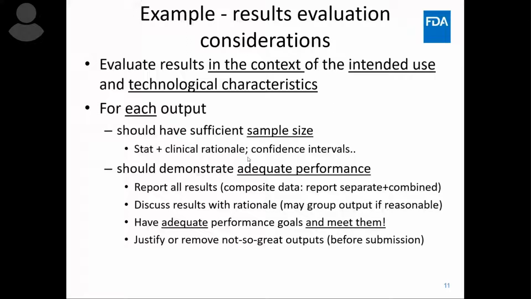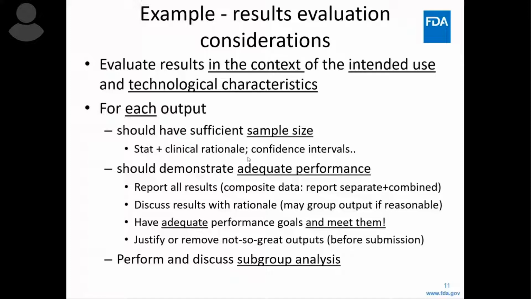If you get a 20% sensitivity, usually there is not much to discuss there. It's probably just not a good idea to have it in your device. In machine learning, we also recommend to perform and discuss subgroup analysis because it's helpful to demonstrate that the device performs well across the range of the intended users and population.